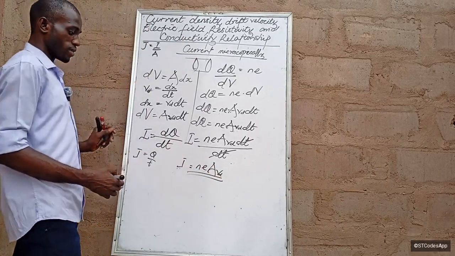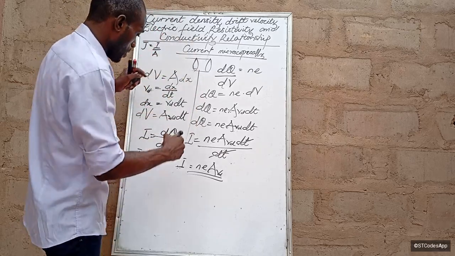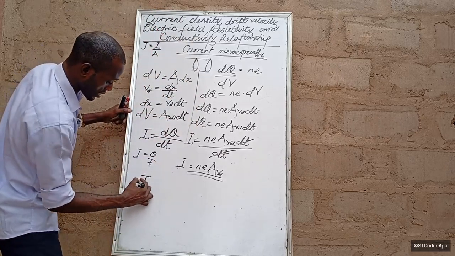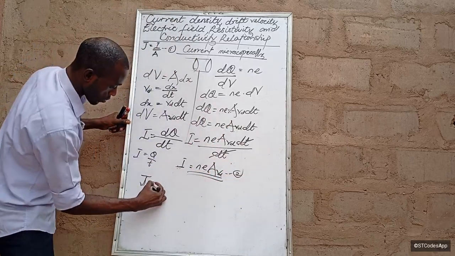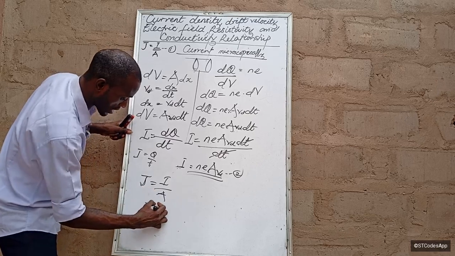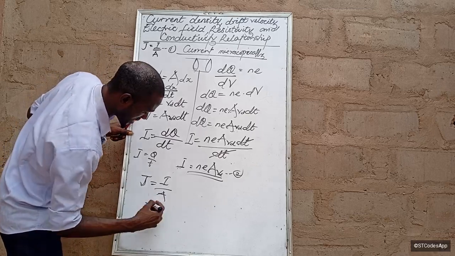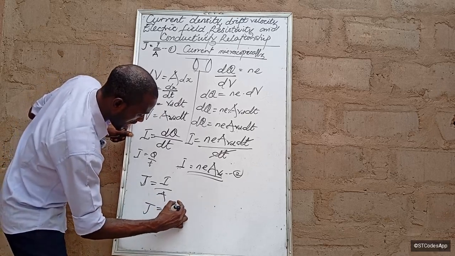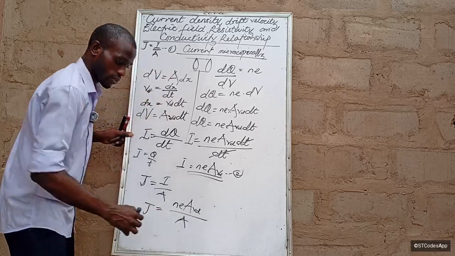That is drift velocity. So now, looking at current density on the microscopic scale, recall equation 1. Let's call this our equation 2. In equation 1, we have current per unit area. So microscopically, current density J is ne A v sub d over A. Does that make sense?